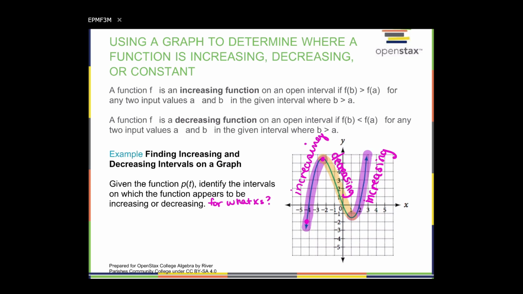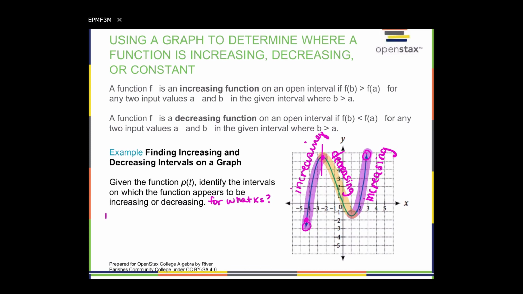So if you think about the domain of this function here, the domain is from negative infinity to positive infinity. So in this case, it is increasing from negative infinity all the way to this point here, which looks like it's between the x values -2 and -3, so it looks like -2.5.